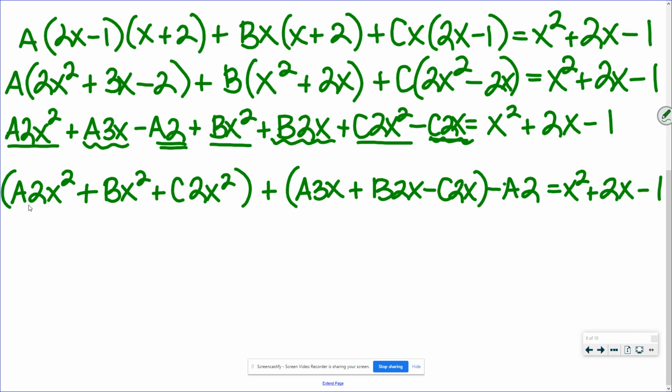Okay, now look, all of my terms are now grouped together, so that means that I have something in common in this first group. So I'm going to factor out what they have in common, which is an x squared. That leaves me with, actually I'm going to write it as 2A now.